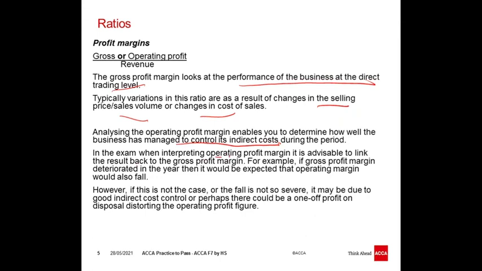So when we are talking about the operating profit, it's better to link the answer with the gross profit, because if the operating profit margin is increasing, then definitely there must be an increase in the gross profit. The operating profit is derived from the gross profit. So if it is increasing, then it will be a positive impact on the operating profit as well.